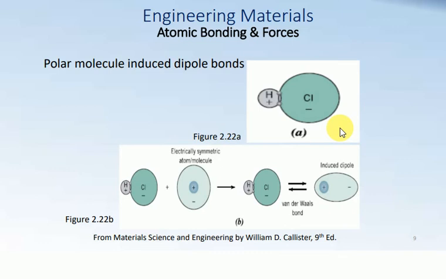Again, you can see that this is because of the position of these two dipoles, and this secondary bond is actually existing along this direction only. That's why it is called a directional bond, because it exists only in the direction where the positive and negative charges of chlorine and the induced dipole get into alignment or proximity.